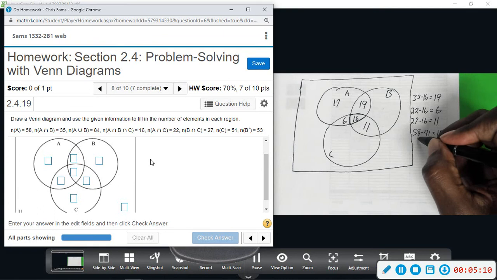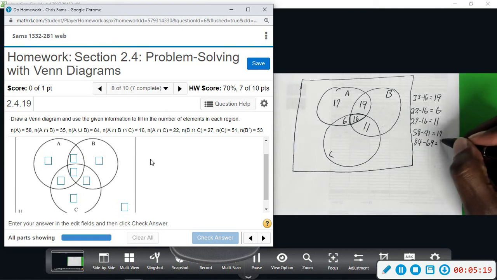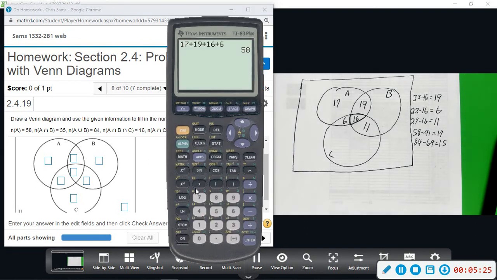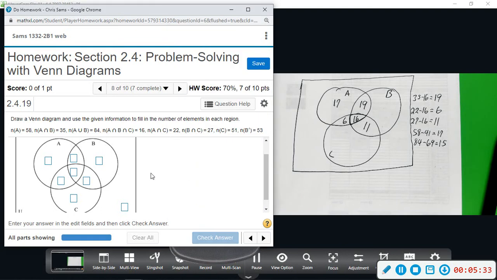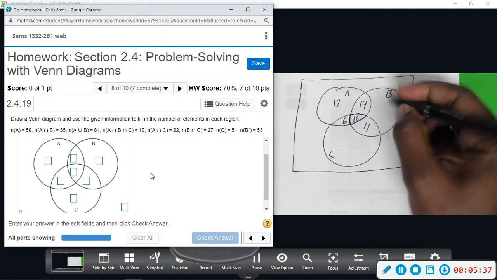So we're going to have 84 minus 69. Okay, let's verify. 84 minus 69, we get 15. So we use A union B to figure that part out. So this is 15.